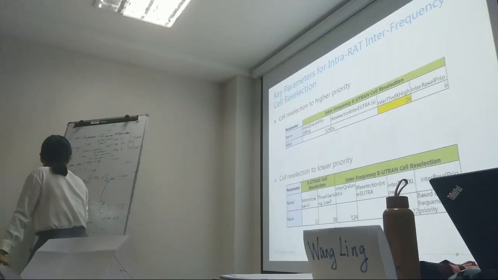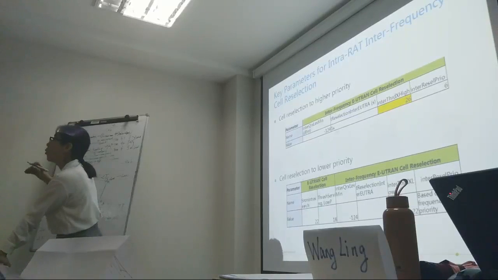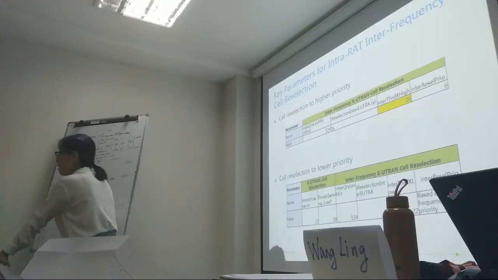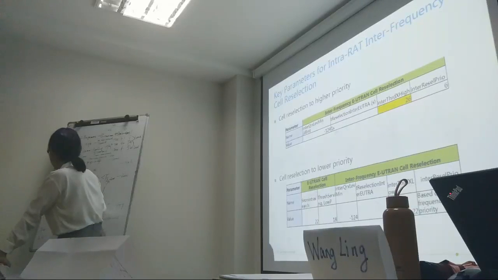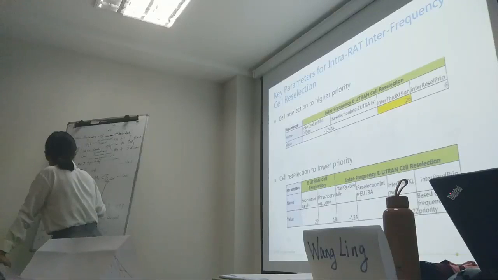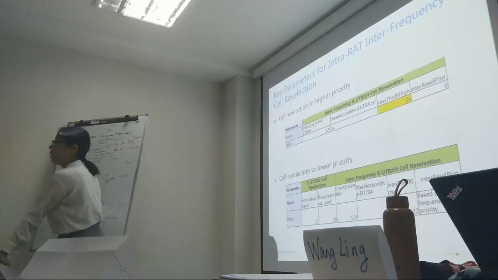But for higher priority, I will always perform the measurement. I don't consider the serving cell RSRP. It will always perform for all.